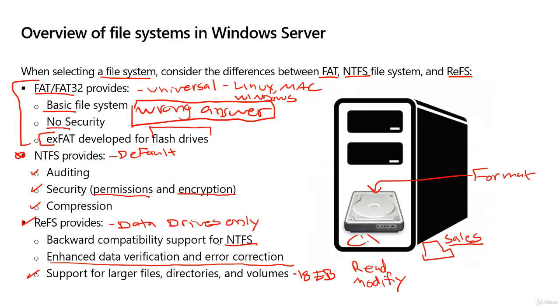So this could never be the format of your C drive where you have the operating system installed. Data drive only. So with this, you'll often have your C drive formatted with NTFS. Then in your server, you will have another drive. And that drive will often be this ReFS or resilient file system, and you only save data to it, it does not run an operating system.